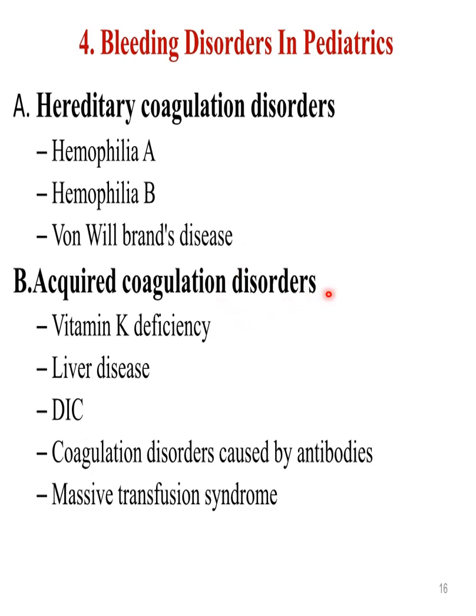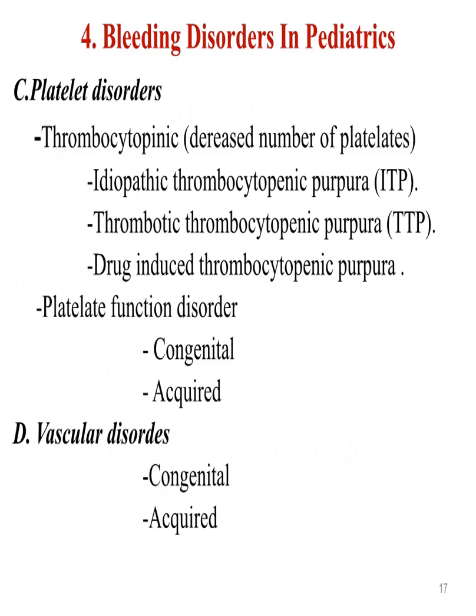In the acquired coagulation disorders, we have vitamin K deficiency, we have some liver diseases, DIC, coagulation disorder caused by antibodies which are directed against coagulation factors, and at times massive transfusion results in a bleeding disorder.